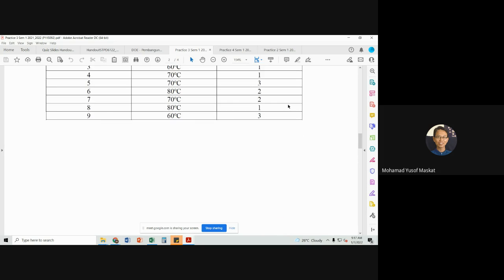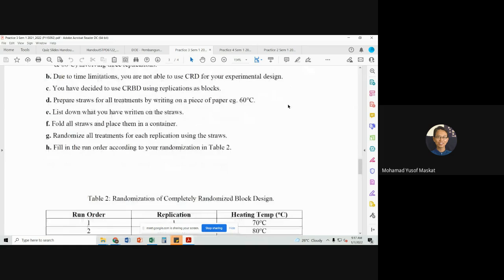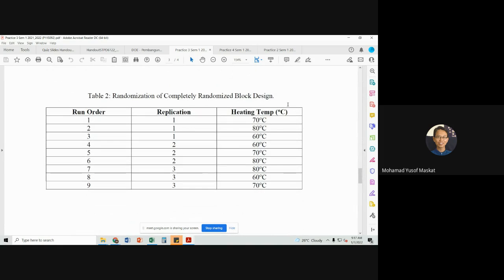Then for the same example, you were asked to do randomization for a completely randomized block design. Taking the replication as the block, we then have to randomize. For this one, it is also completely randomized, but only within the block. That's why it is called a completely randomized block design.